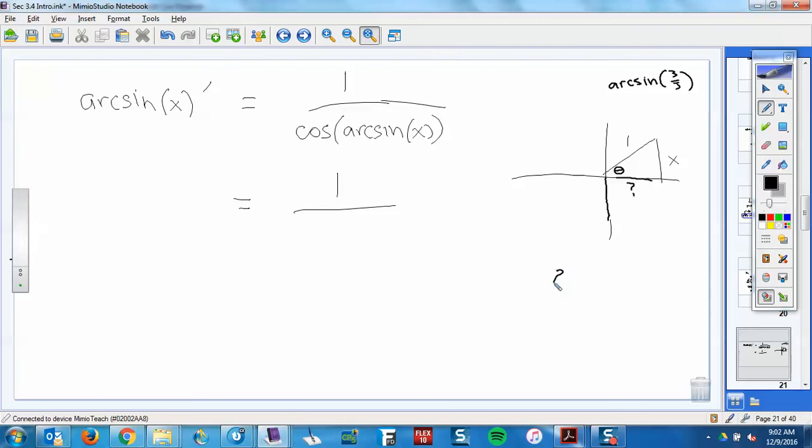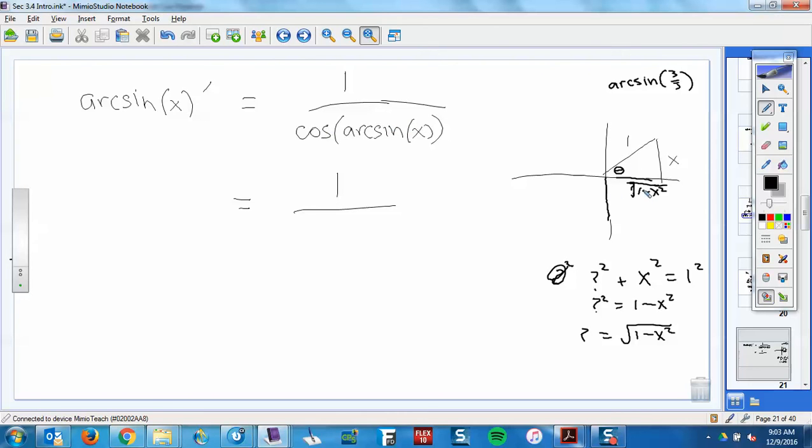Well, what is that? I know that question mark squared plus x squared has got to equal 1 squared. Would you agree with me? And so question mark squared is equal to 1 minus x squared. So the question mark has to be the square root of 1 minus x squared. So the angle that has the sine that is x would be this angle, and we want the cosine of that angle.